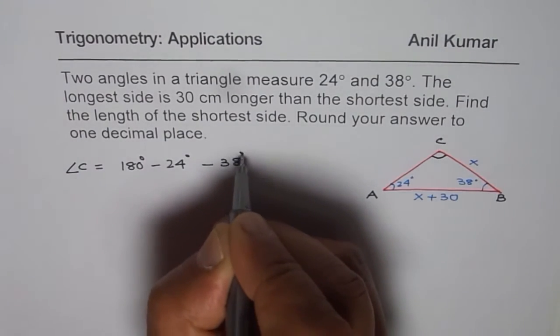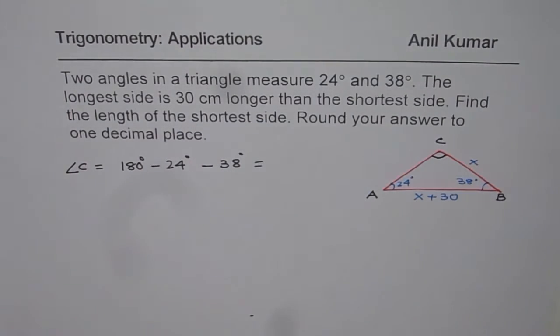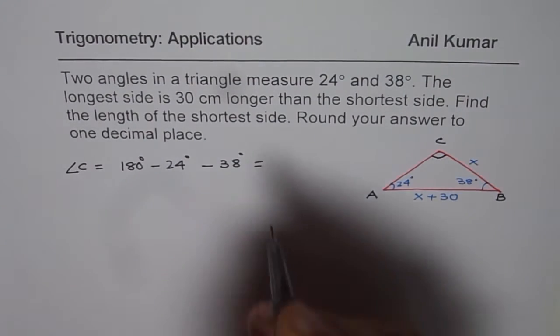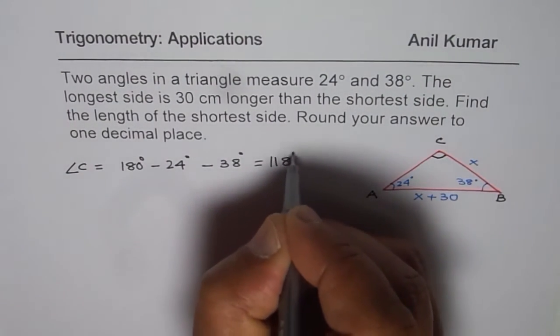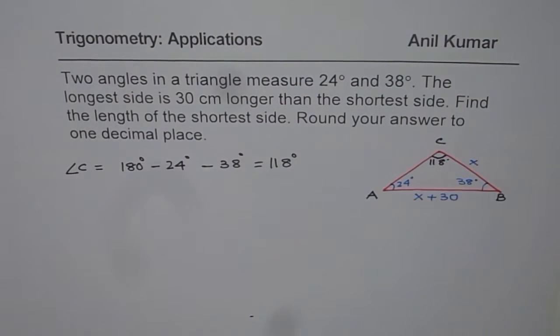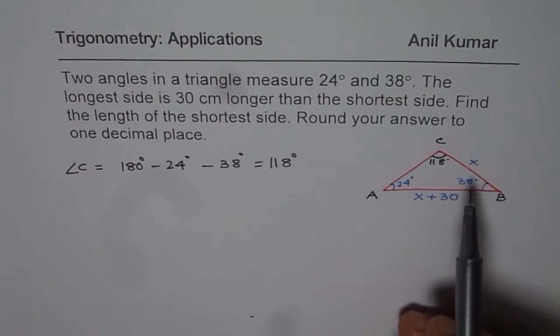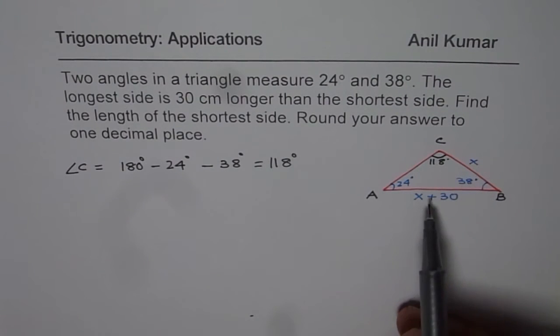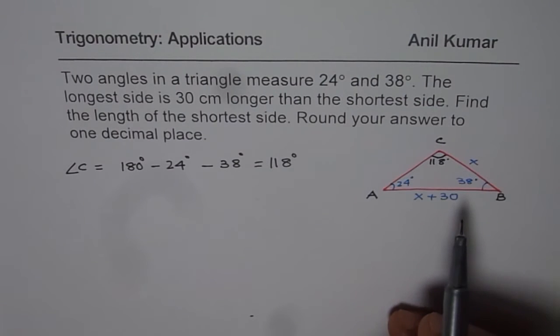We have 180 minus 24 minus 38, and that is 118 degrees. So we've done one part. Now we need to find x. We can now apply the sine law to find x.